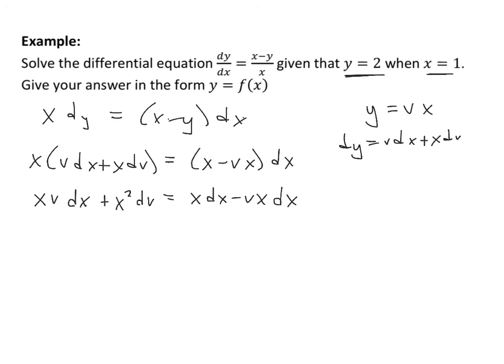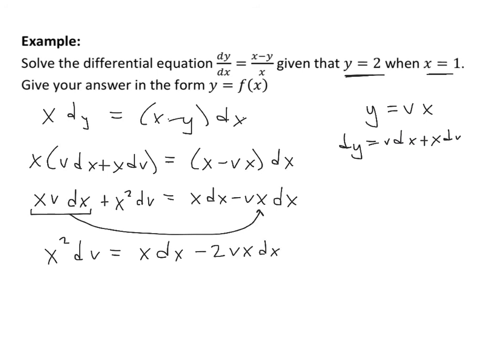So the only term that we have here that's sort of out of place is this guy right here. And something I like to do is think, is this going to combine with anything on the right? When I subtract this over, it's going to combine with this term right here. And so by doing those at the same time, I can save myself a step. Right, when this gets over here, I'm going to wind up with minus 2vx dx.